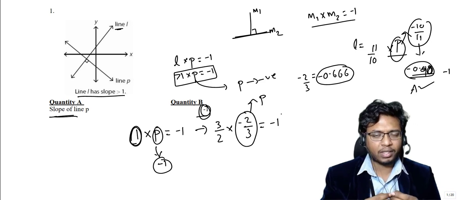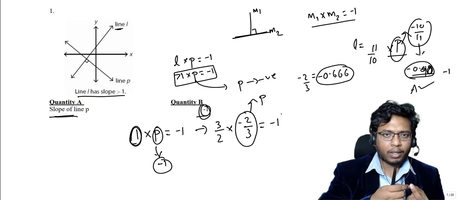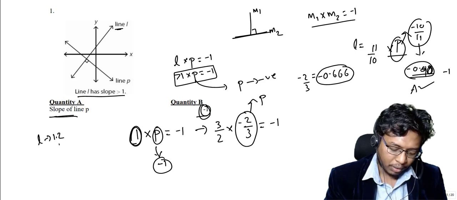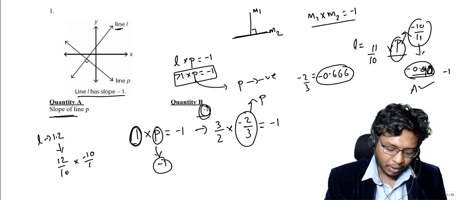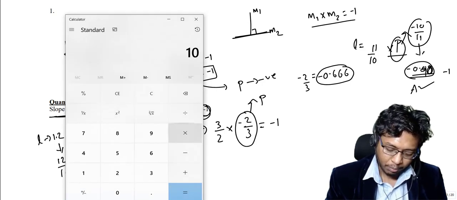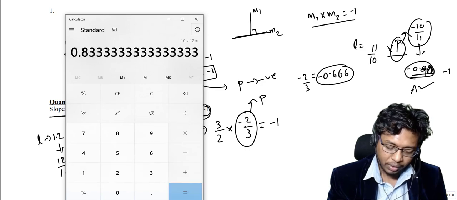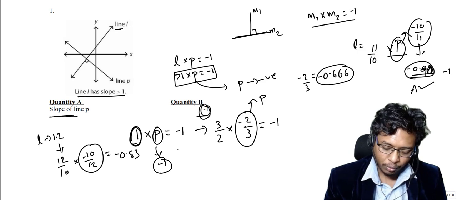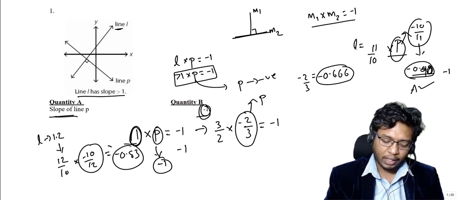Now instead of 1.1, I will take 1.2. If my line L is 1.2, that means it is 12 by 10, so my P will be -10 by 12. The value of 10 by 12 will be 0.83, so -0.83, whereas quantity B is -1. So again A is greater.